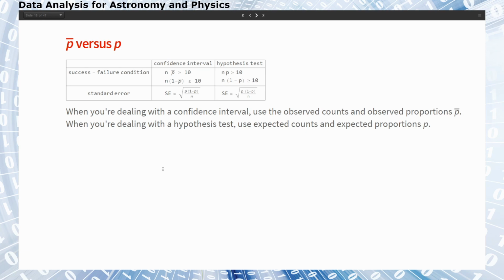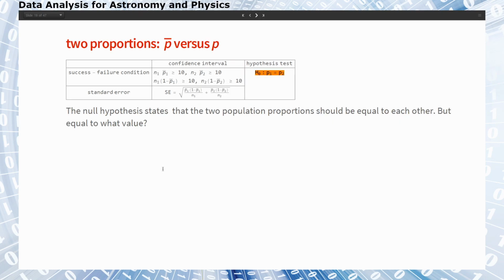And again, when we are dealing with a confidence interval, we use the observed counts, and when we are using a hypothesis test, we use the expected counts and the expected proportions. Now, when the null hypothesis states that the two population proportions should be equal to each other, then we still have to assume a certain numerical value to perform the hypothesis test.